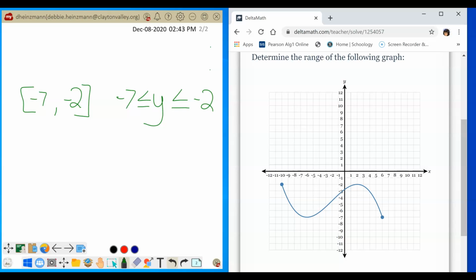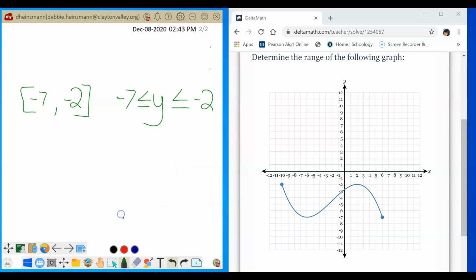I need to warn you that in Delta Math, they trick you sometimes, so I need you to be careful. Sometimes they put your starting point here, but your high and your low point will not be associated with the endpoints of the graph. Very important thing to remember.